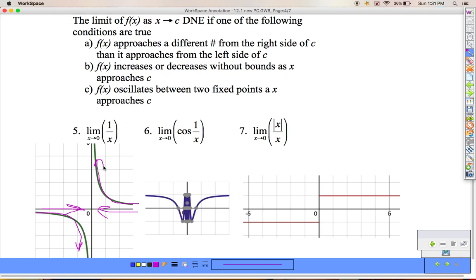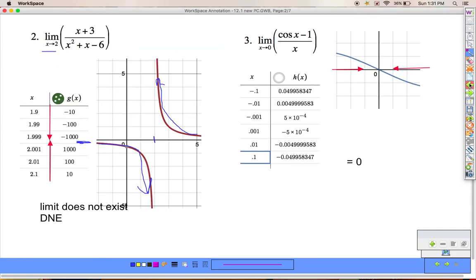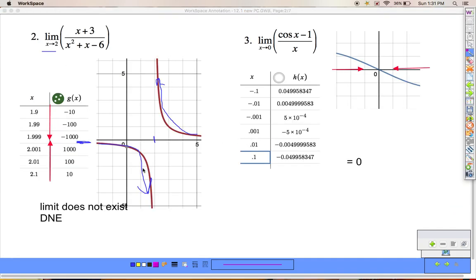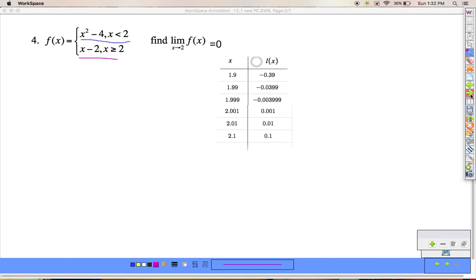They're going two different directions, up forever and down forever. So we're going to say that this limit doesn't exist because the graph increases and decreases without bound as x approaches c. That's the same situation we had back here. They're going up and down forever, and we said it doesn't exist because they're not going towards a single value.